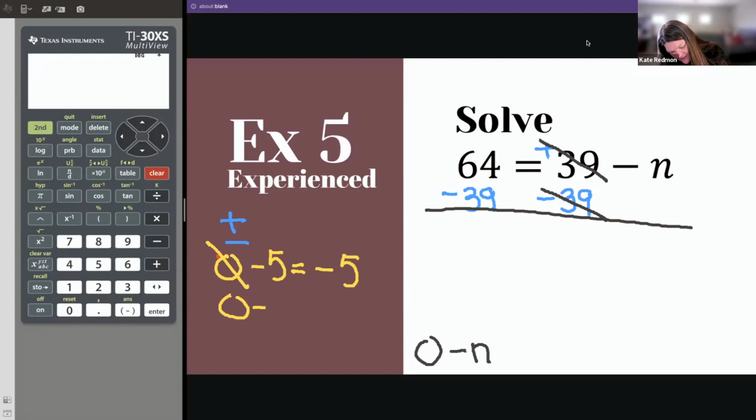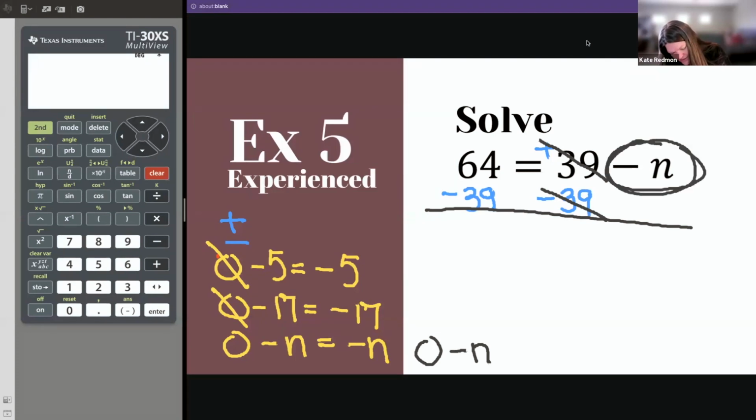If I have nothing and I spend $17, I'm going to be in debt $17. It's like the 0 just went away. So same thing with n. If I have nothing, I got that 39 to go away, and I subtract n from that, I'm going to have negative n. And so what I'm going to see is the 39 cancels with the negative 39, but that minus is still there. It just now we read it as a negative n.